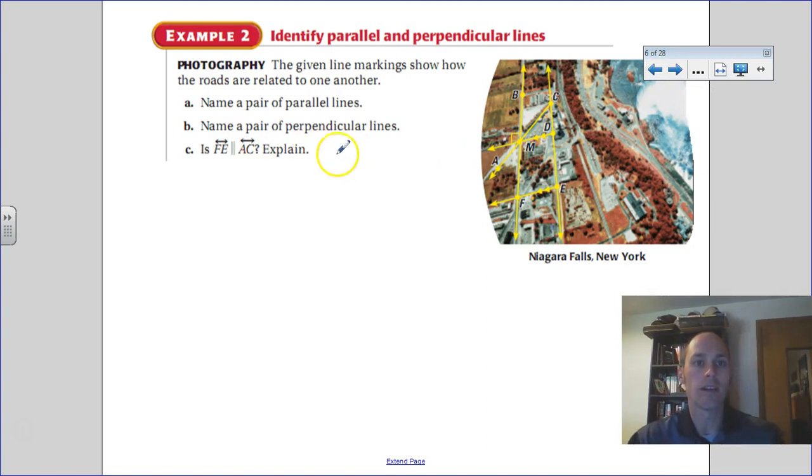So let's take a look here. Identify according to the markings. Be sure you can't assume. So look at the markings on the diagram and identify parallel lines and perpendicular lines. So a pair of parallel lines: I've got two arrows here for line DM, and another two arrows indicated there to show that EF is parallel to DM.